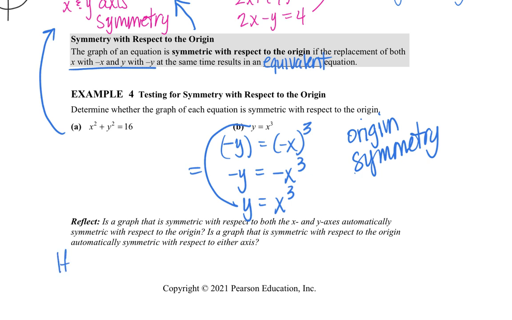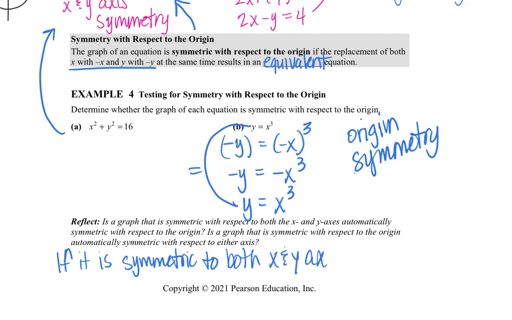So if it is symmetric to both x and y axis, then it is symmetric to the origin.